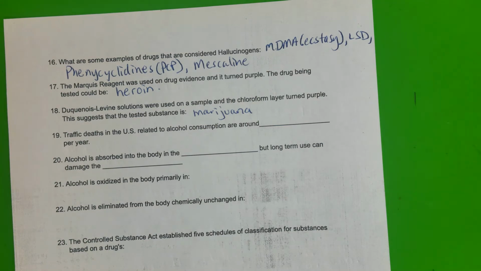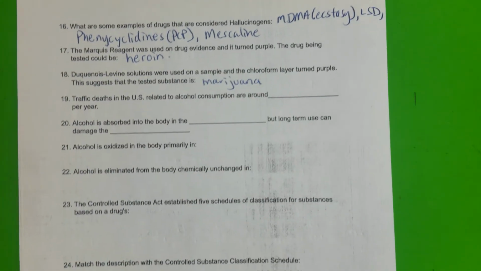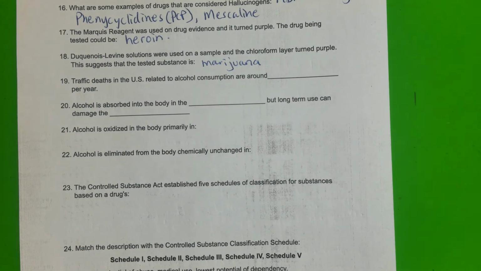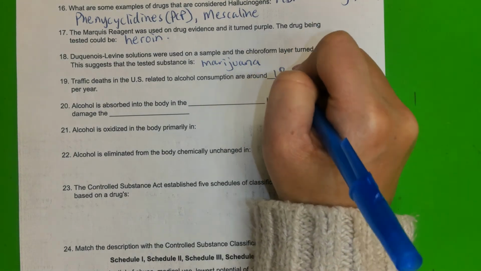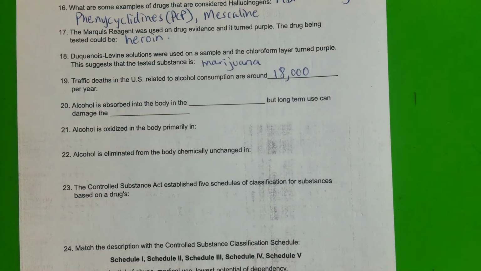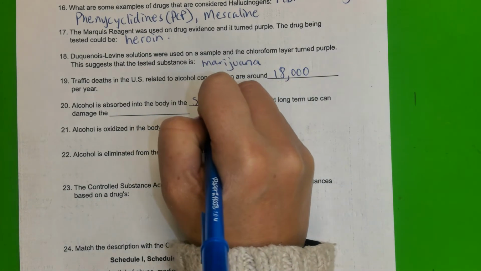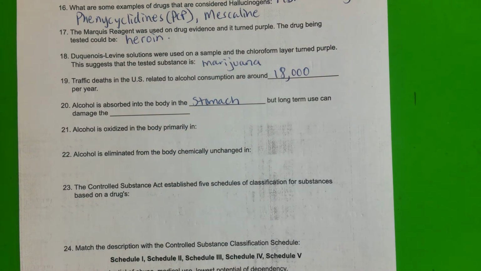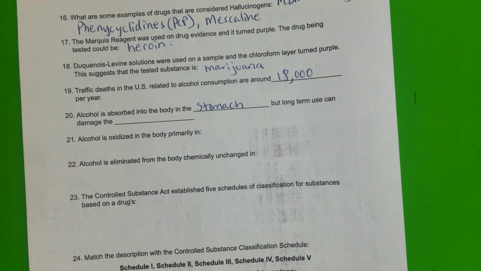Number 19, traffic deaths in the US related to alcohol consumption are around 15,000 per year. Number 20. Alcohol is absorbed into the body in the stomach.